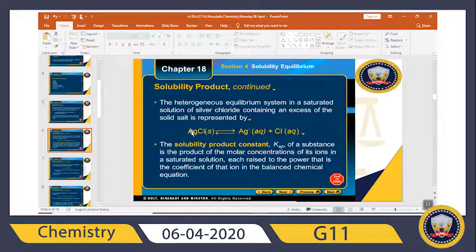So silver chloride is a slightly soluble solid in water. The particles that release from the solid silver chloride will ionize as silver ion and chloride ion.